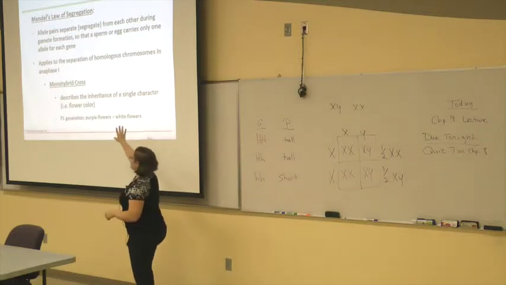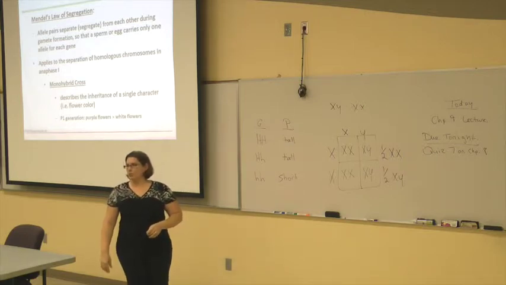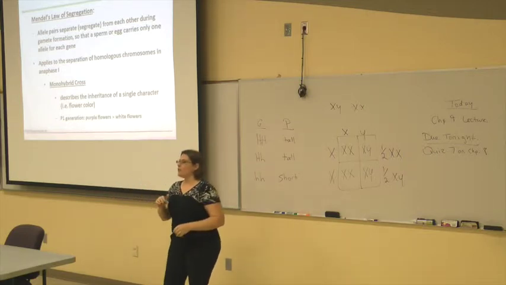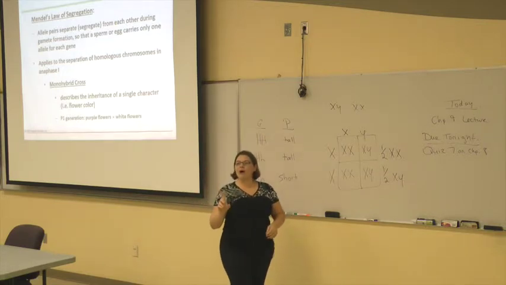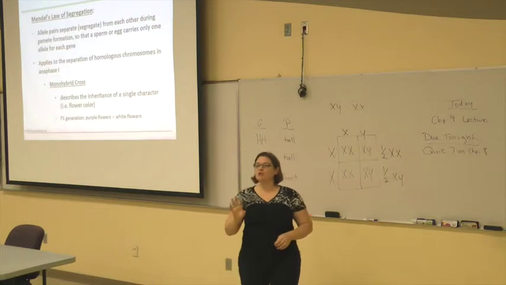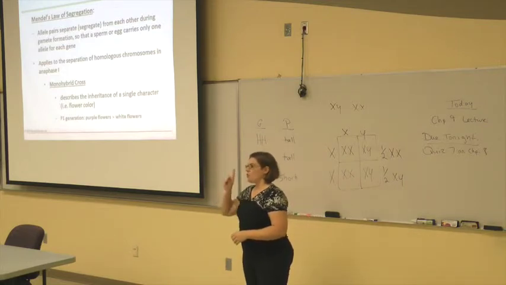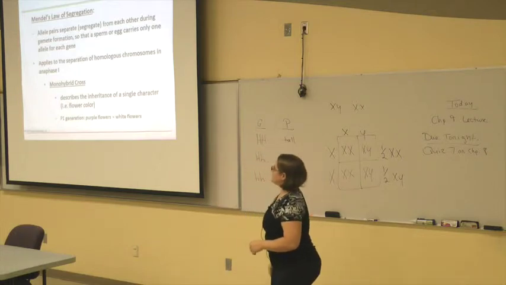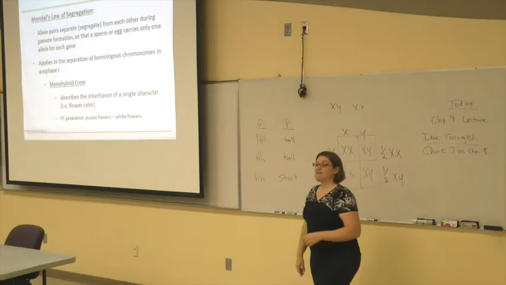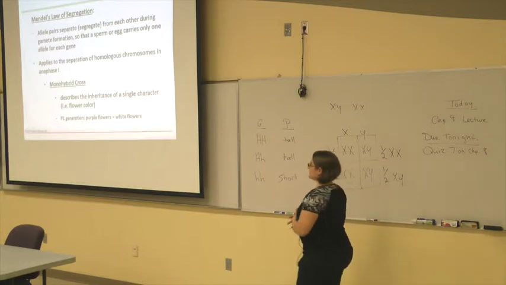And we can perform a monohybrid cross. What does that word imply? Mono. Mono means what? One. Okay? A monohybrid cross will allow you to predict the probability of inheriting one characteristic, one single trait. Okay? Such as the example that I gave you guys earlier with the flower color, purple and white. All right?